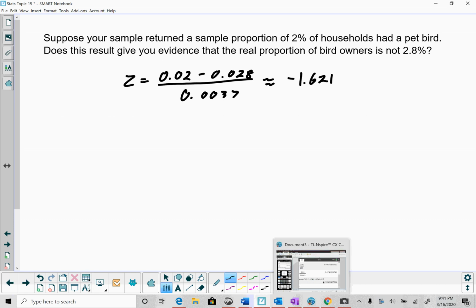Now, what's the probability that for any random sample here, we're going to come up with 2% or lower?